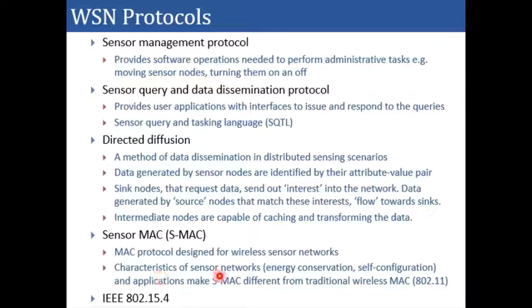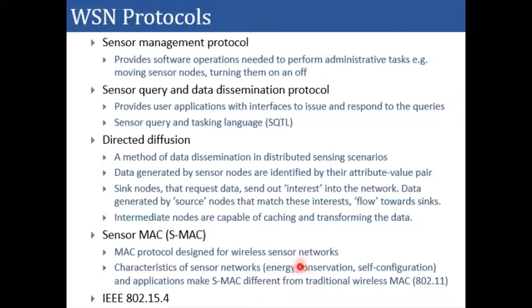Now the characteristics of the sensor networks, that is the energy conservation and the self configuration, are very important components of wireless sensor network. So these sensor networks and the applications make the SMAC different from traditional wireless MAC which we use in Wi-Fi, which is given in the IEEE 802.11 set of protocols.